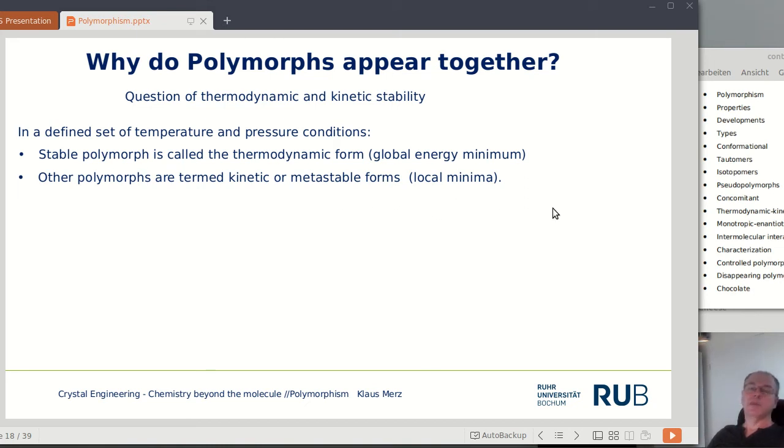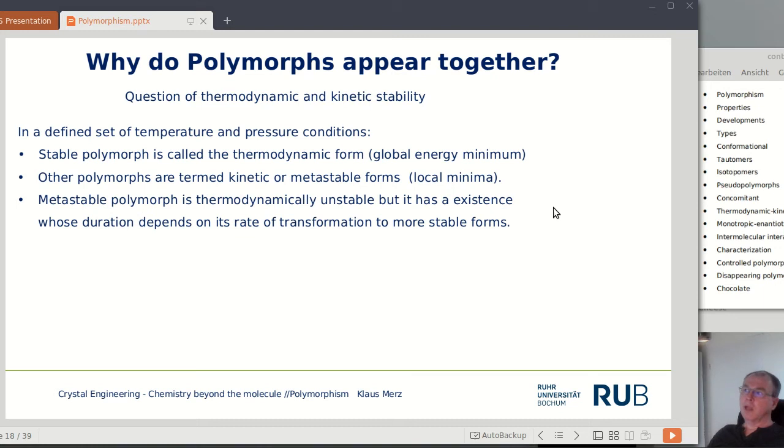We have a local minimum. No? And the metastable polymorph is thermodynamically unstable, but it has its own existence.